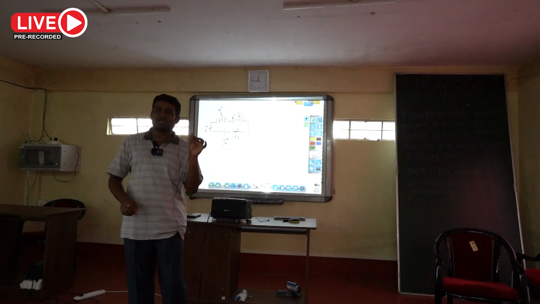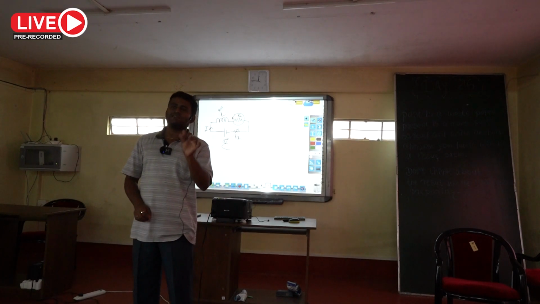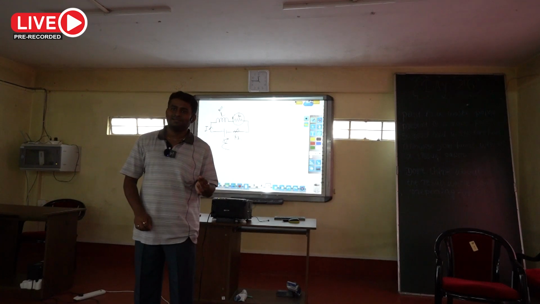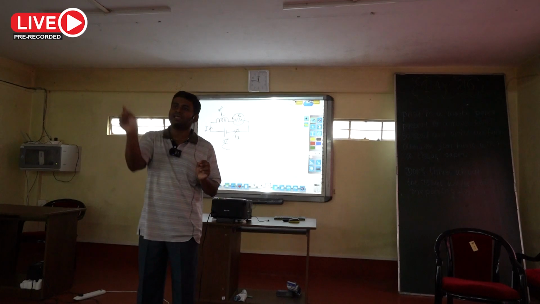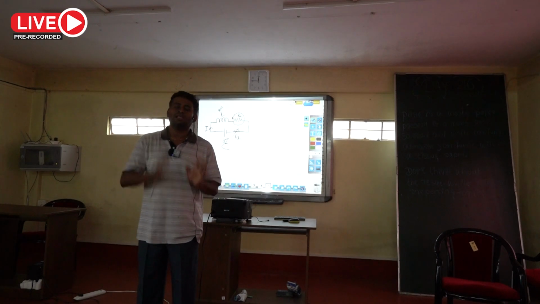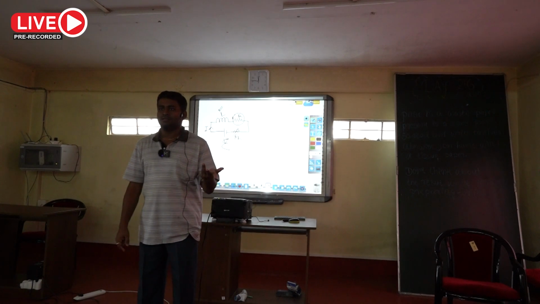Suppose you want to see the face of Shah Rukh Khan. Those electrons will strike every portion, creating the image of his face, that we can see in the TV.